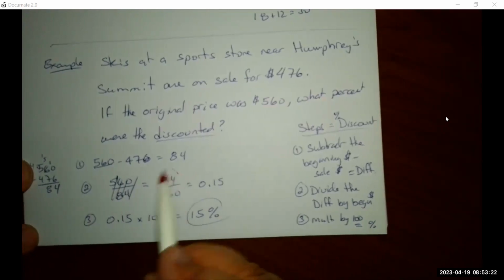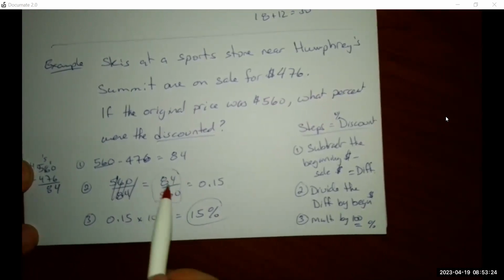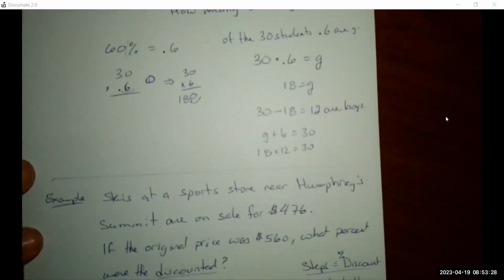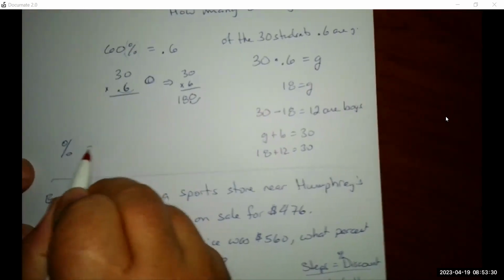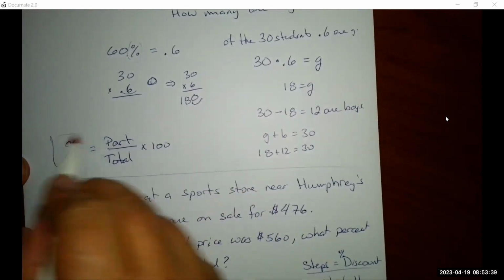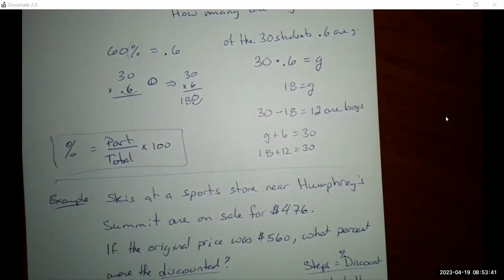Now, the reason it has to be this way, because 84 is a small part of the total price. A percent is the part over the total times 100. That's the formula for a percent.